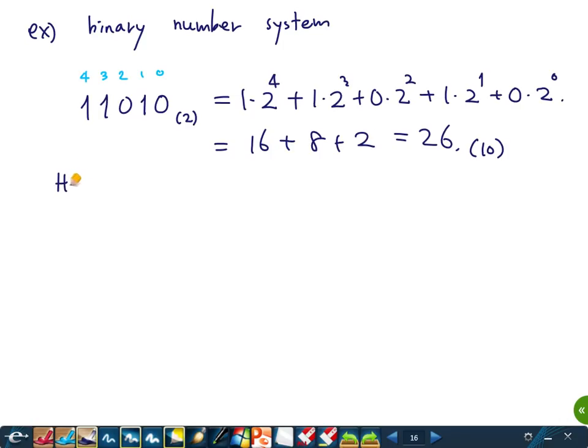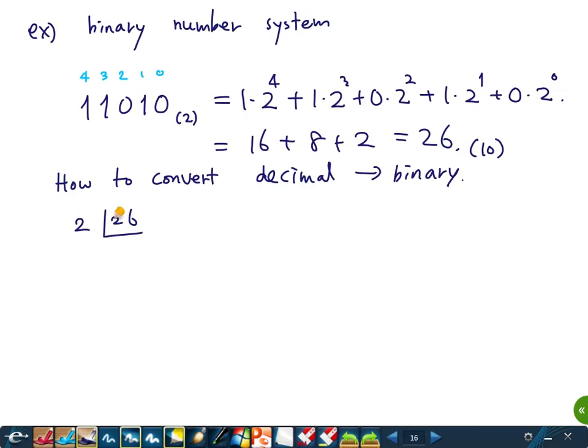There is a nice algorithm. So how to convert decimal to binary. So 26, let's try to recover this. The idea is to divide this by 2 until we get 0. We divide 26 by 2, and the quotient is 13. I'm going to put the remainder here.